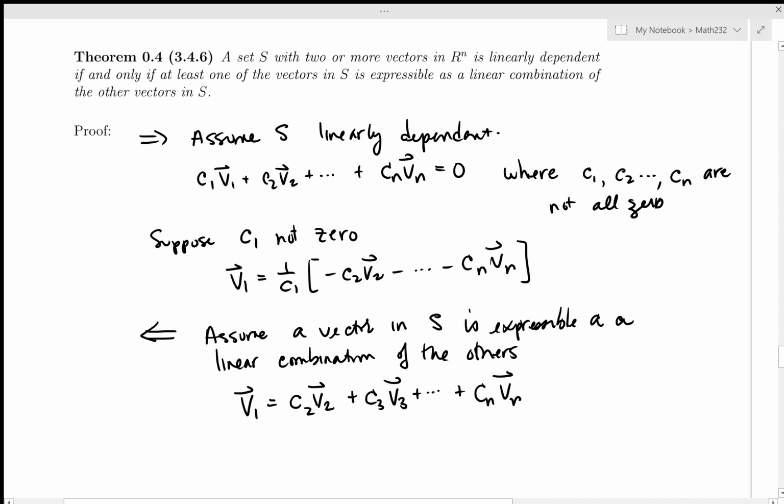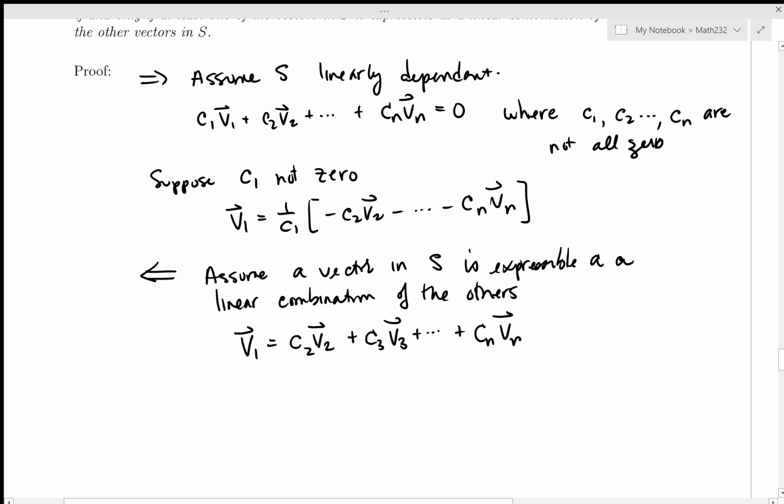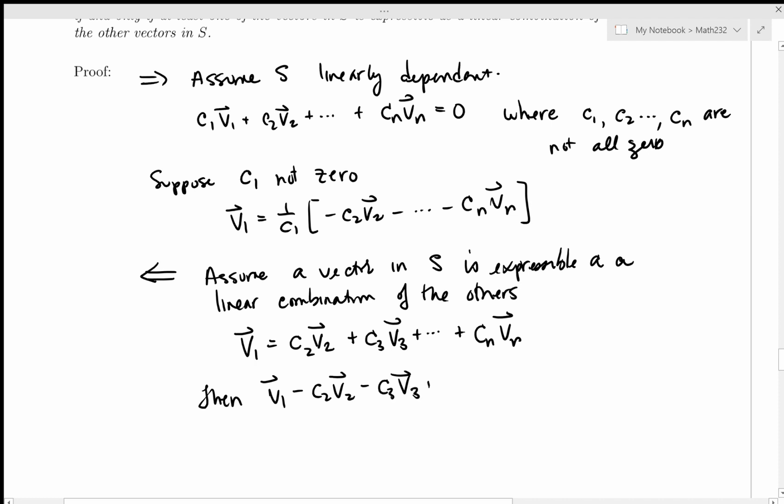Okay, so I'm saying, assuming there's some vector like that, then I just move everything to the other side. And that is equal to 0. And we have that C1 is equal to 1.